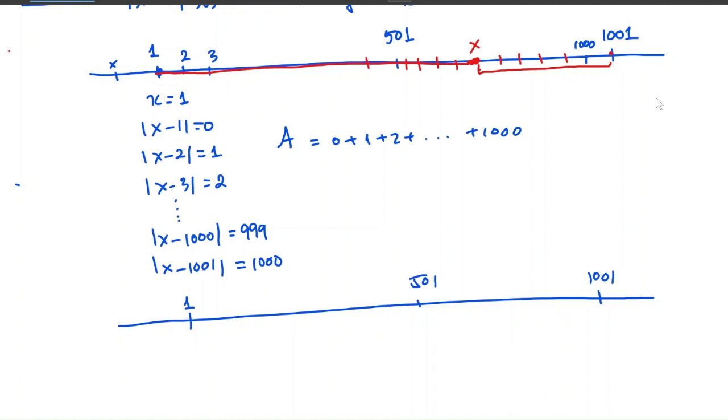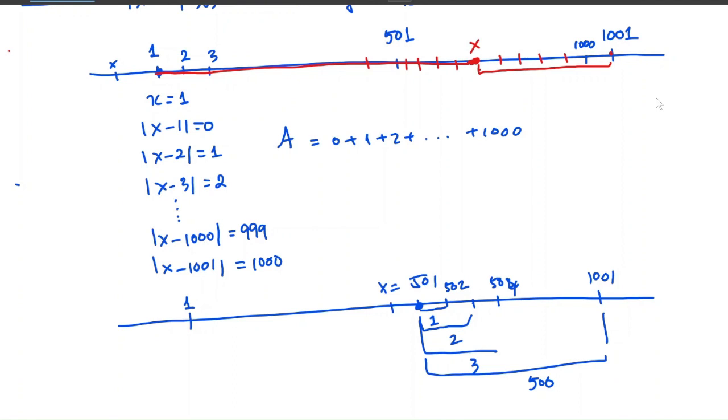If x is equal to 501, then the distance from 501 to 502 is 1, to 503 is 2, to 504 is 3, and so on. The largest distance on this side is going to be 500. Similarly on the left side, the distance here will be 1, then 2, then 3, and so on, until we get the distance here of 500.